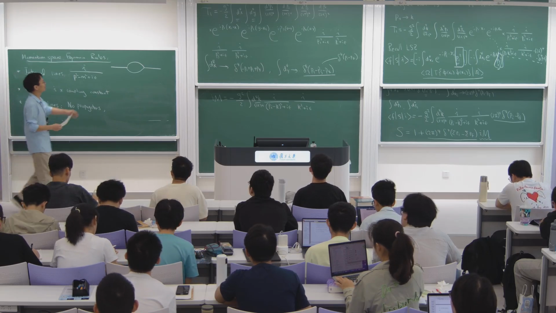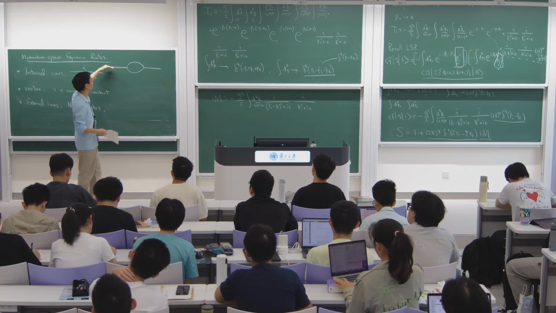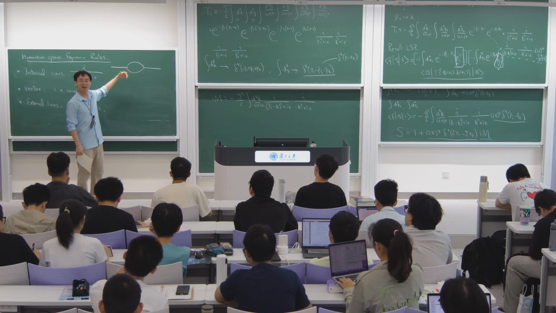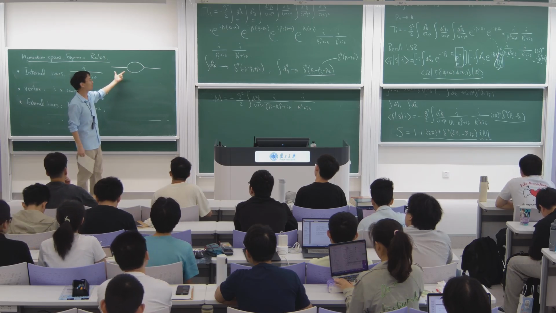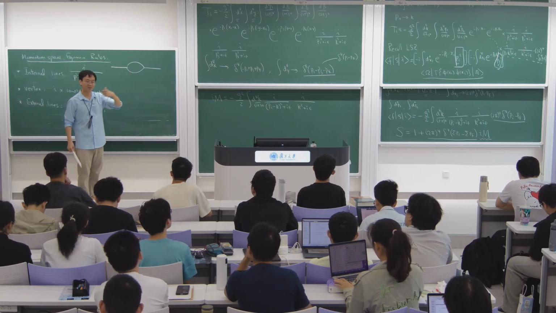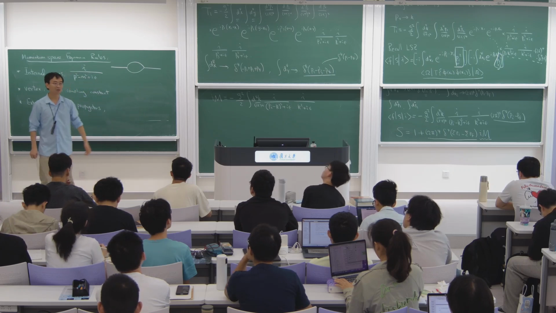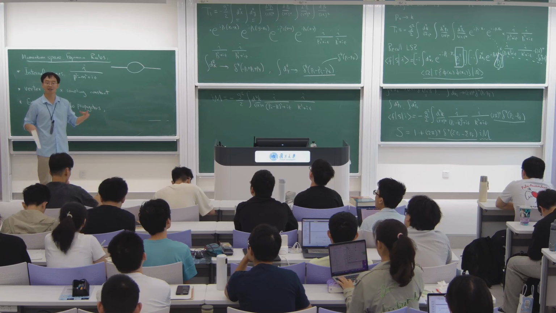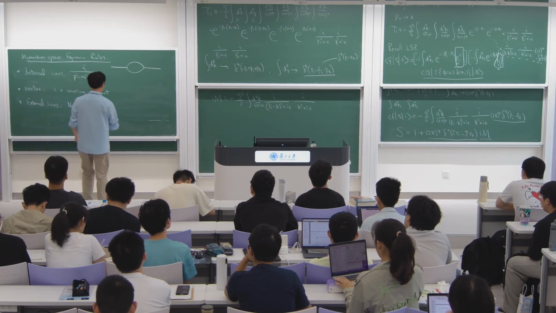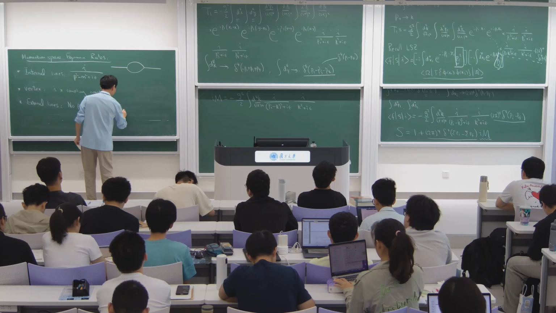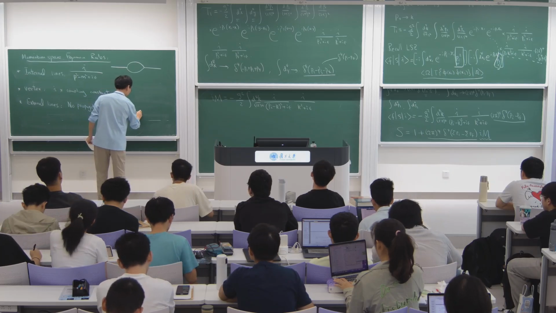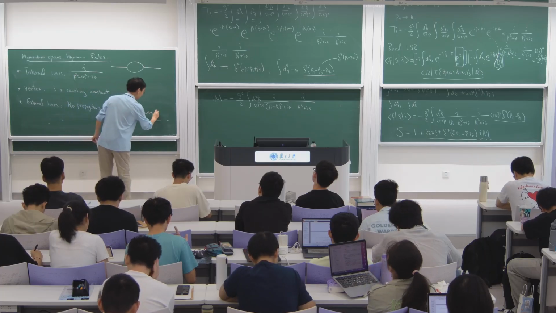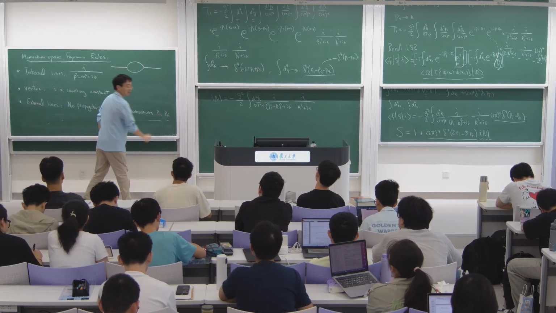Physically, this line represents some incoming particle, and in the S-matrix sense, or in momentum space, we assign this particle a particular momentum, like p_i or p_f.